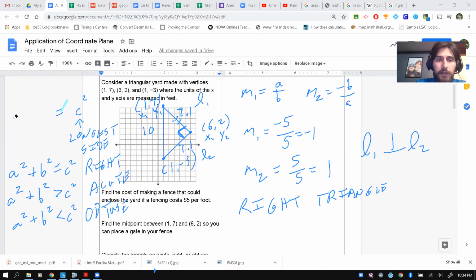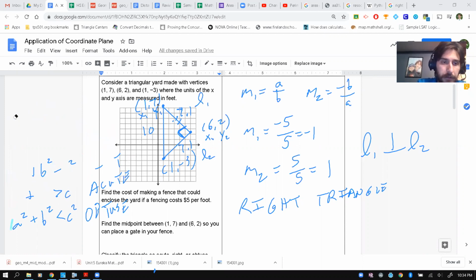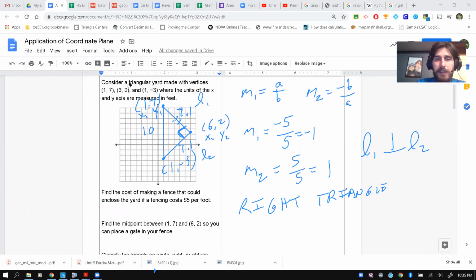Okay, so a quick recap of what we covered so far. The expectation is that if I gave you a system of points in a coordinate plane, you could find the perimeter of the figure that those points create.